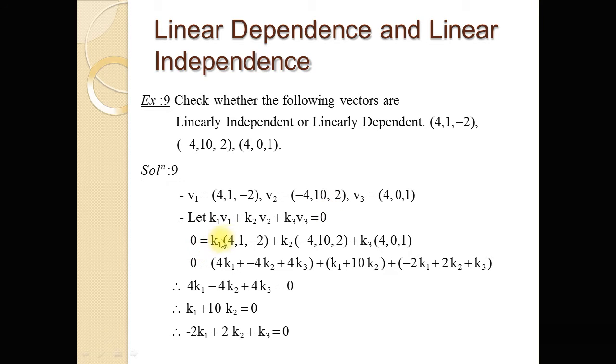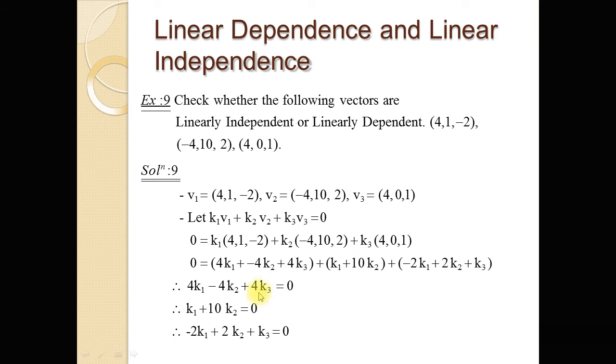Substituting the values of v1, v2, and v3 and collecting the same components: the first component 4k1 minus 4k2 plus 4k3, the second component k1 plus 10k2 plus 0k3, and the third component minus 2k1 plus 2k2 plus k3.